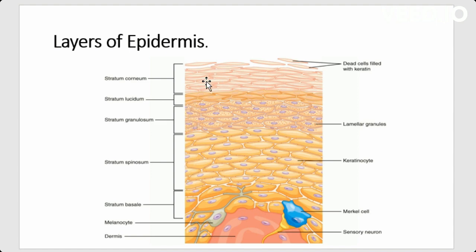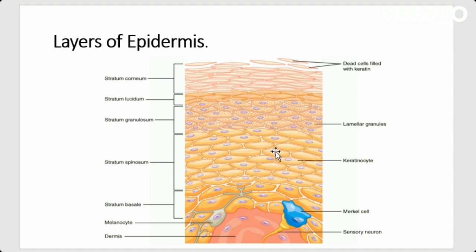For example, the soles and the palm have all the 5 layers of epidermis, but in other parts of the body there are only 4 layers. So what layer is lacking in the other parts of the body? That is stratum lucidum. This one is found only in the palms and in the soles.